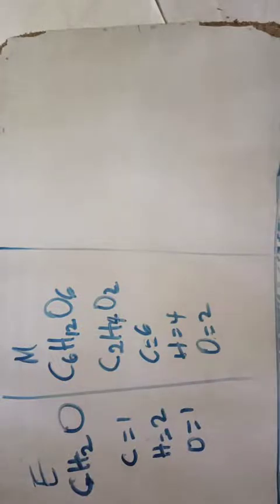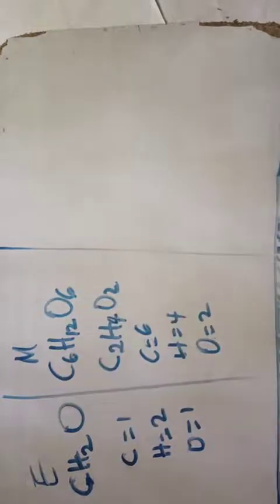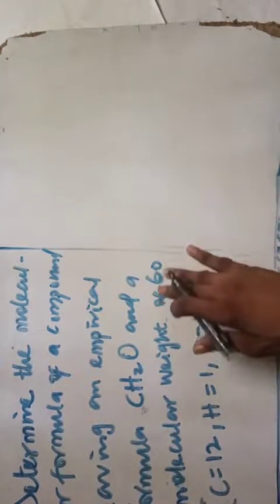The question says: determine the molecular formula of a compound having the empirical formula CH2O and a molecular weight of 60. So what you do next is very simple. You write the solution yourself.